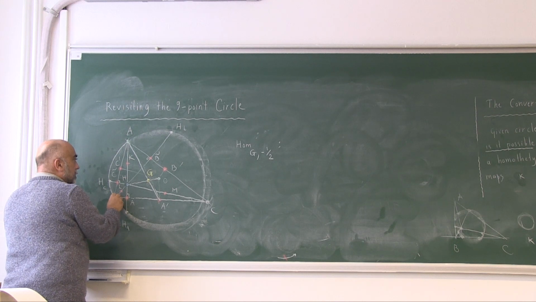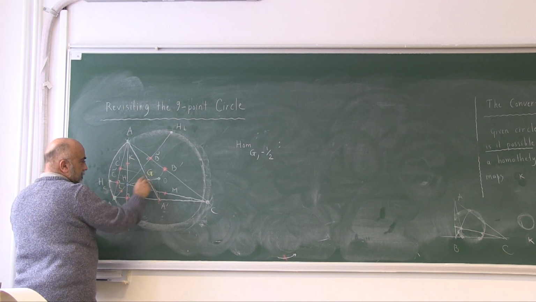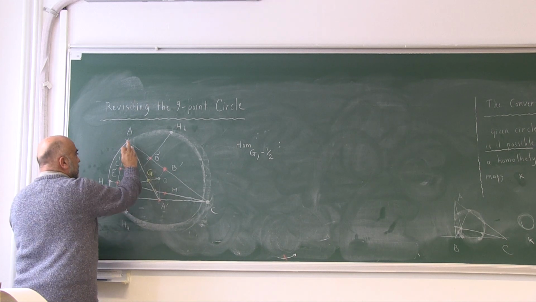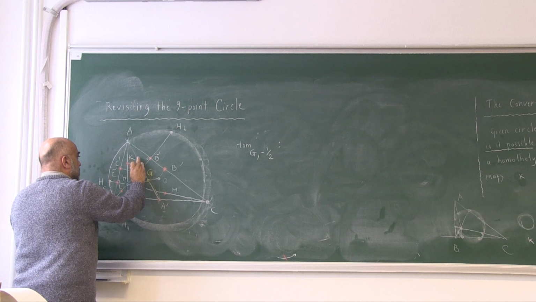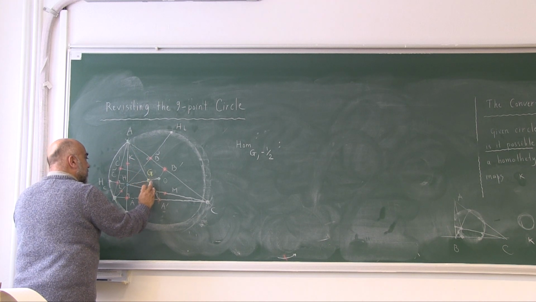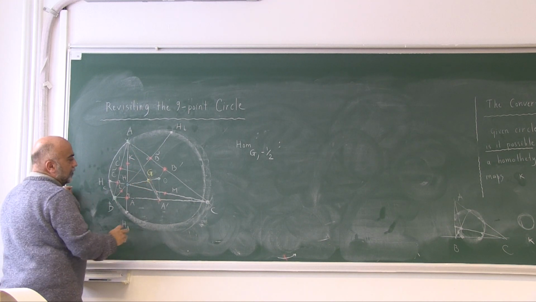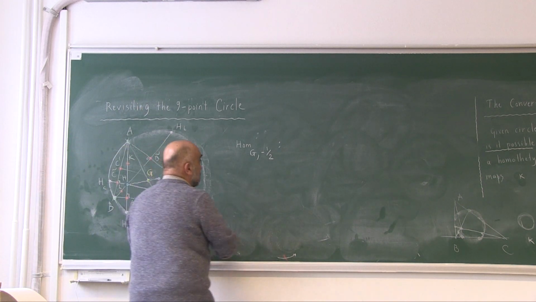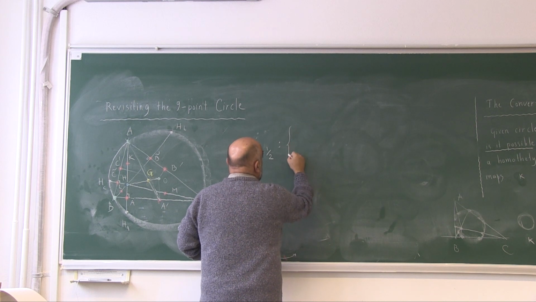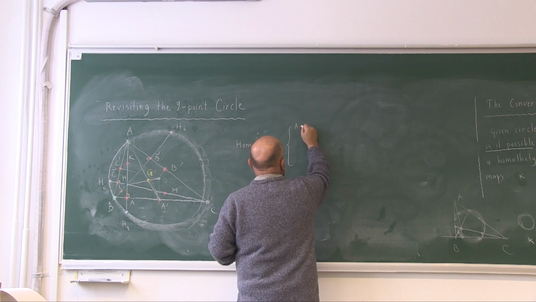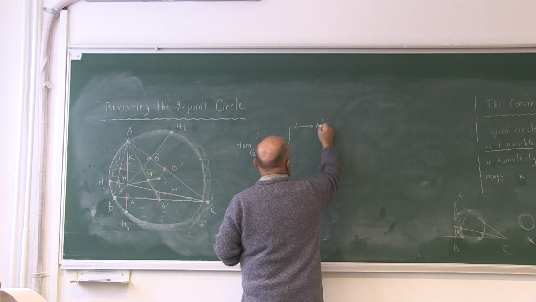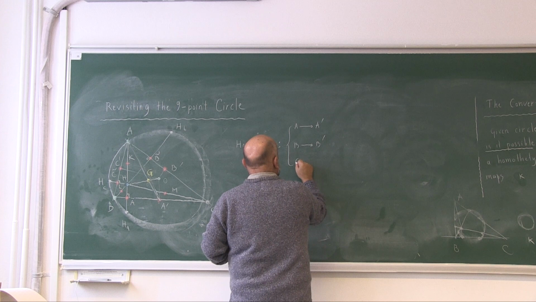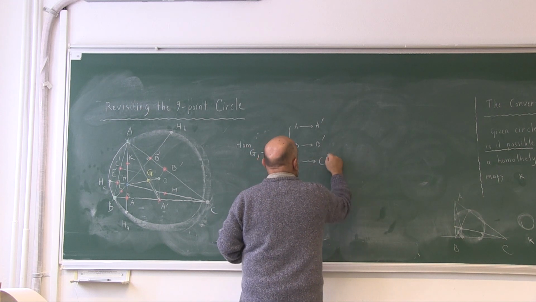B is mapped into B prime, the same thing. And finally, of course, C is mapped into C prime under this homothety. So this, in fact, sends A into A prime, B into B prime, C into C prime.